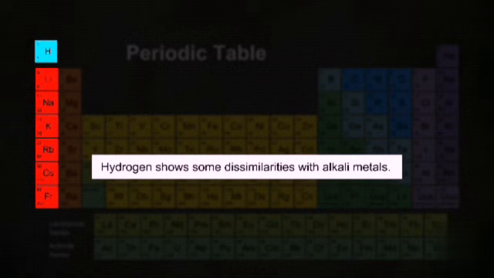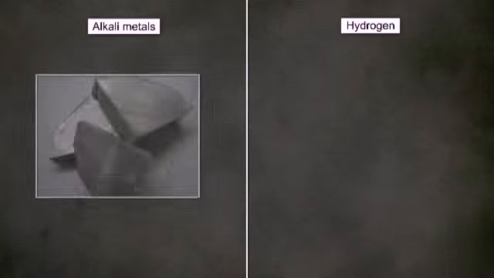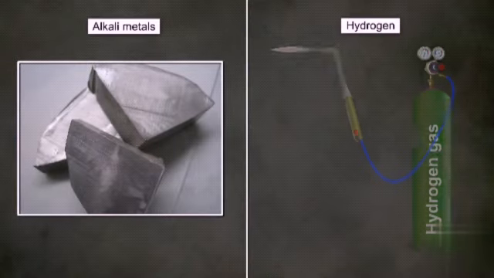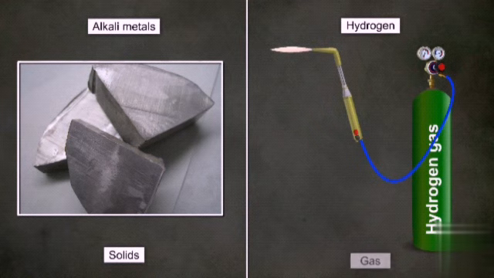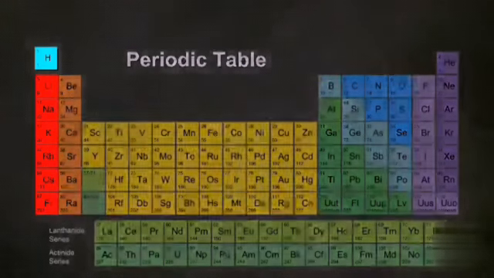For example, alkali metals are solids at room temperature, whereas hydrogen is a gas at room temperature. Another difference is there in the ionization enthalpies of the alkali metals and hydrogen.